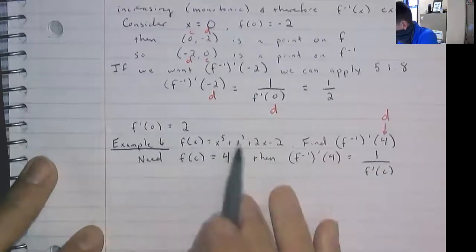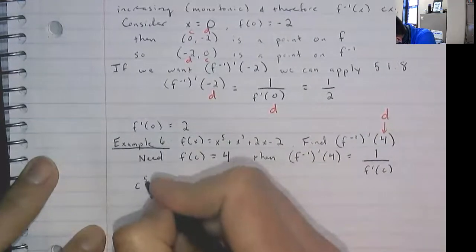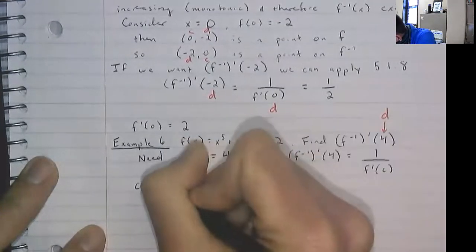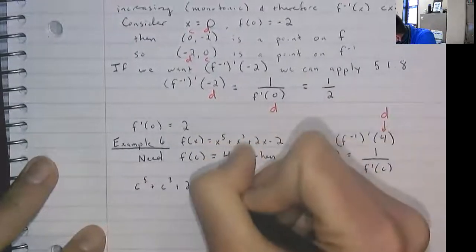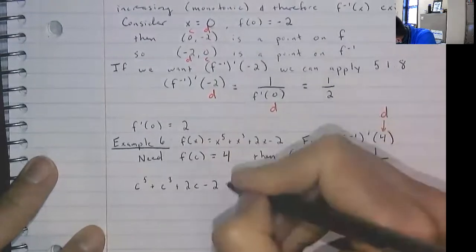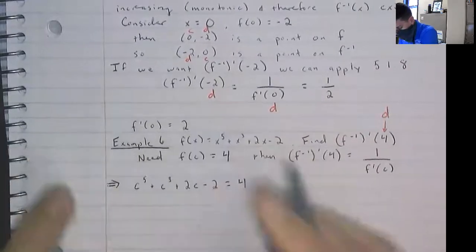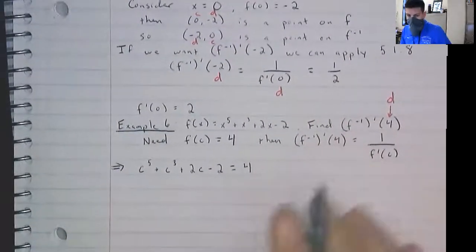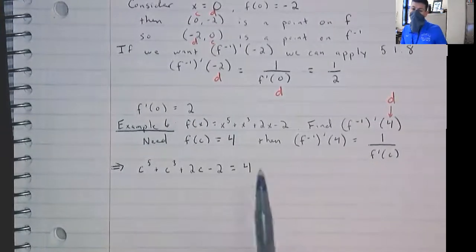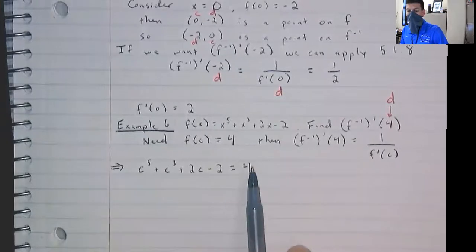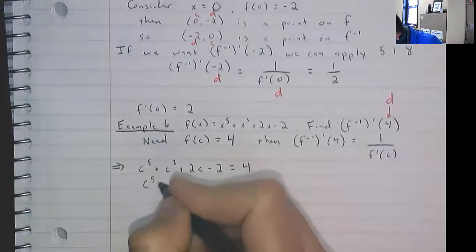If f is this whole guy, plugging in c, we get c to the 5th plus c cubed plus 2c minus 2, and we want this to be 4. Well, that's a hard problem to solve. It's a little bit easier if we set it equal to 0.